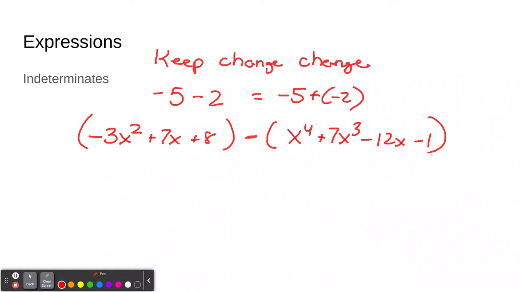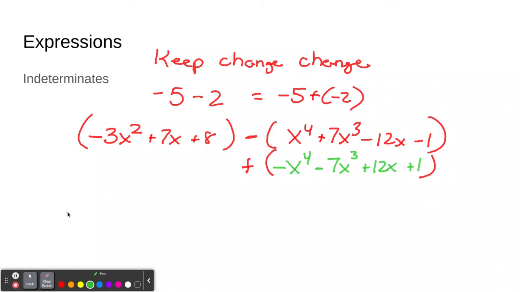So what can we do here? You want to keep this, change that, and then change everything in here. Change the signs. So let's use green to change the signs. So now that'll be negative x to the fourth, negative 7x cubed plus 12x plus 1. And we just combine like terms. Is there any other x squared? No. So we'll just leave that there. Let's look at the highest power first.